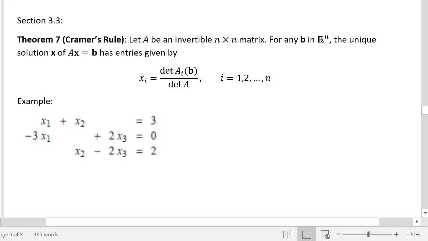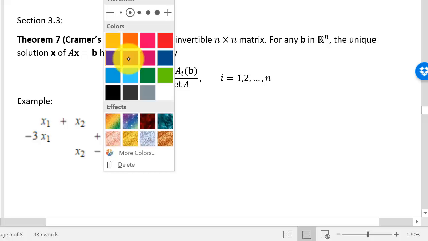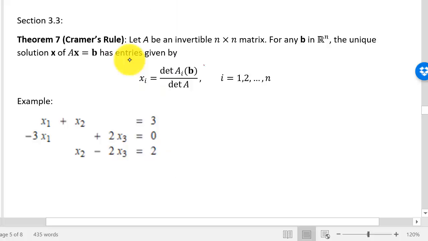First, the denominator is going to be the determinant of the original matrix A, and then the numerator is the determinant of the matrix A with the ith column replaced by B. So that is going to be the main part of this theorem.